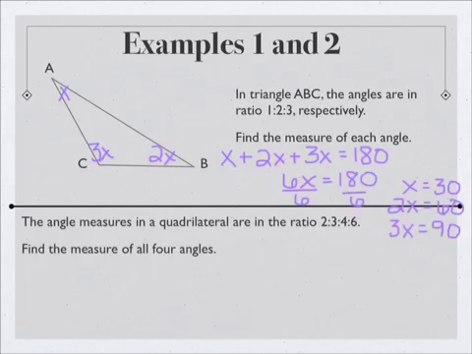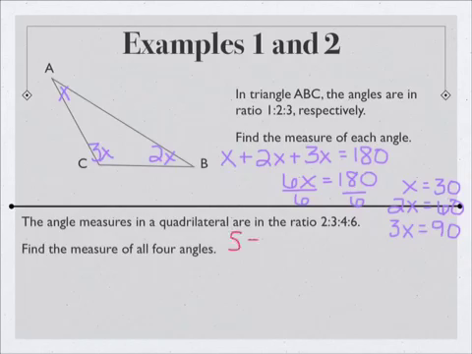Okay, so now let's talk about a quadrilateral. The angle measures in a quadrilateral are in the ratio 2, 3, 4, and 6. Find the measure of all 4 angles. Well, really the key to doing example 1 was knowing that the angles in a triangle add up to 180. So now I need to know what the angles in a quadrilateral add up to. You might already know this, but just in case you didn't, let's follow that process again. It's good practice.